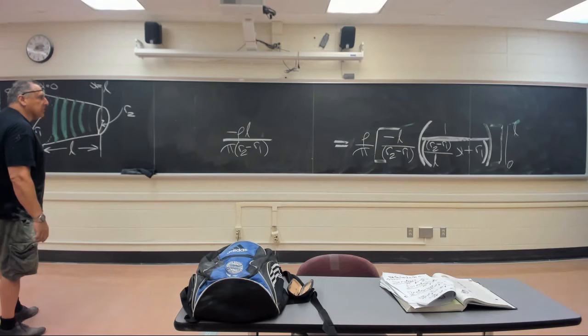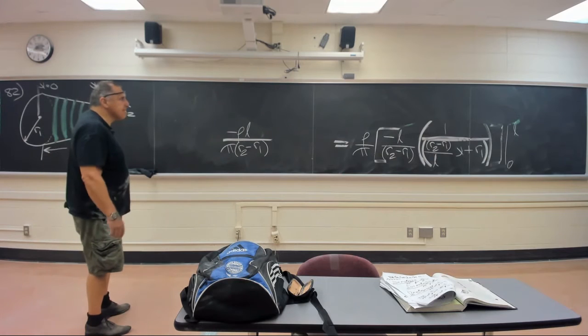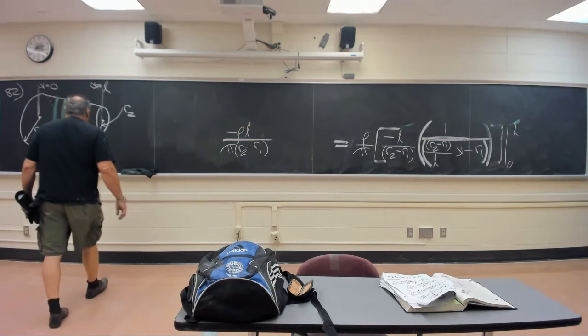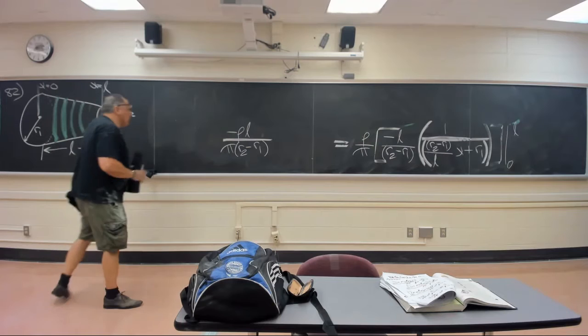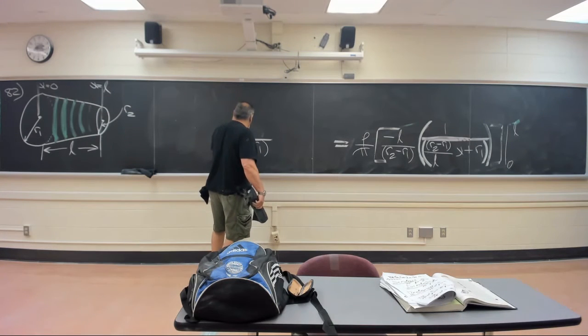There's a lot that can take place. Just deal with it. The R2 is smaller than the R1. That's a negative. All of these are positive numbers.